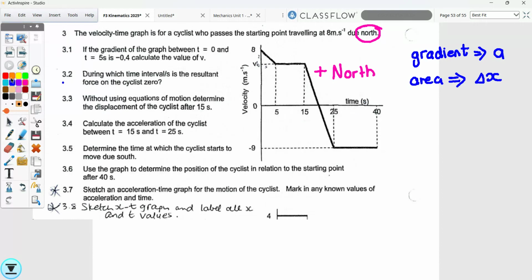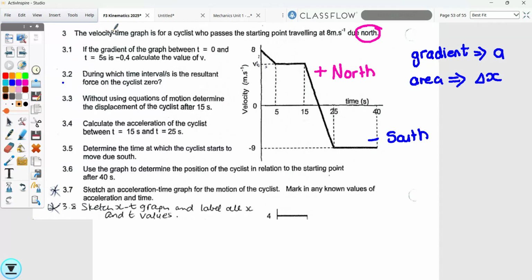What will anything below the line be? When I say anything, I mean velocities, because it's a velocity graph. So velocities above the line are north, velocities below the line are negative, and it will be south. Once you've done those two things quickly, gradient, area, north and south, then you start looking at the questions.